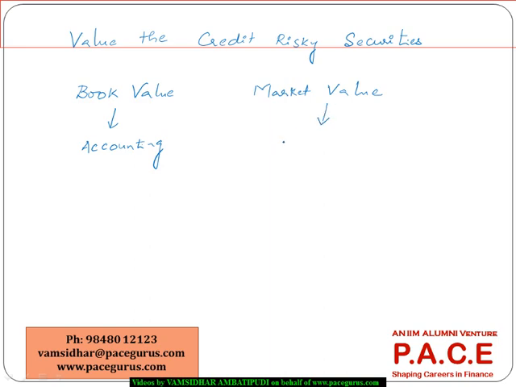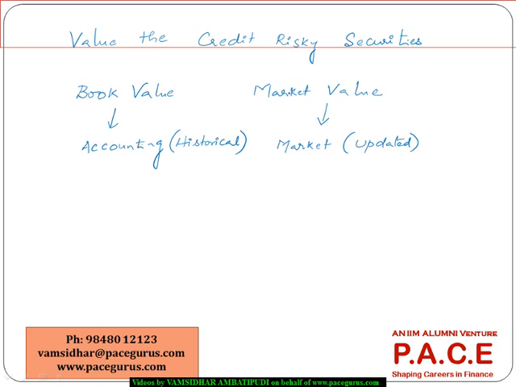Whereas when we are talking about the market value, the values are purely taken from the market, which means they are updated at regular intervals of time. Whereas these numbers generally are historical. At the time when we have taken the loan, whatever is the amount we have taken, that is the value that we are representing. But that particular loan value today, if it has either gone up or gone down, those numbers are what are shown as a part of the market value. So generally this is one major difference.